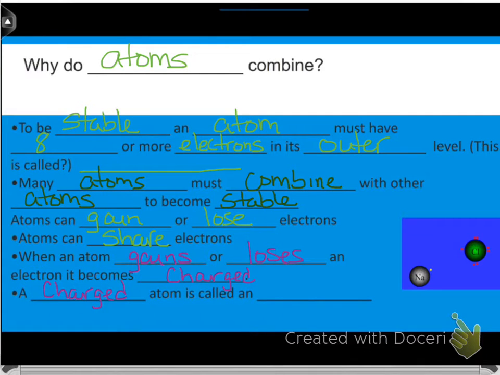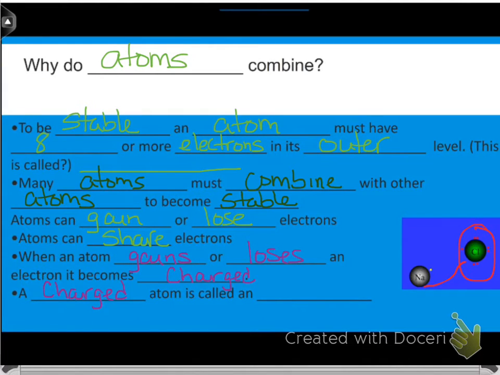So we've talked about this before. We talked about the electron dot diagram like this over here, and the dots are showing the valence electrons, and they're all red. And look, you can see this one right here would fit so nicely right in that spot next to the other one on chlorine, and that would be what combines to make sodium chloride.